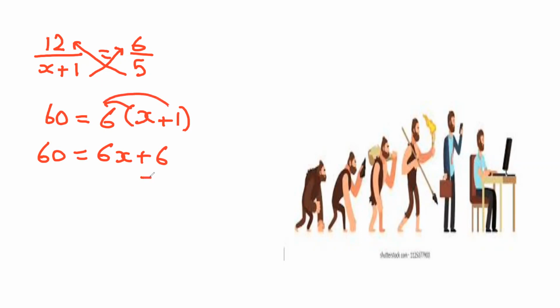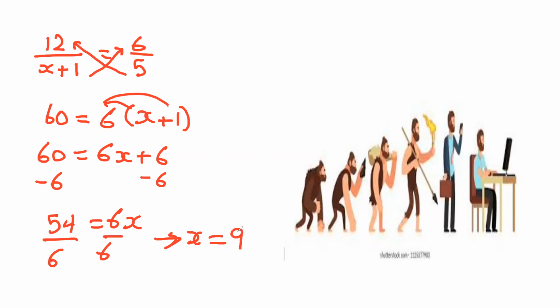Now we minus 6 from both sides. And that gives you 54 equals 6x. And then divide both sides by 6. And x would give you 9.